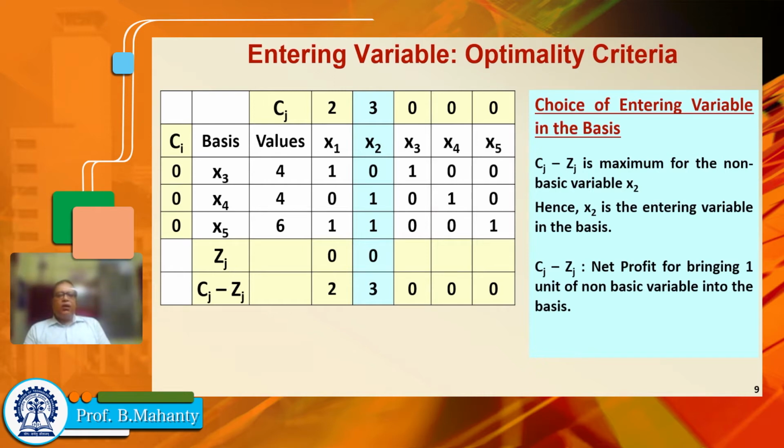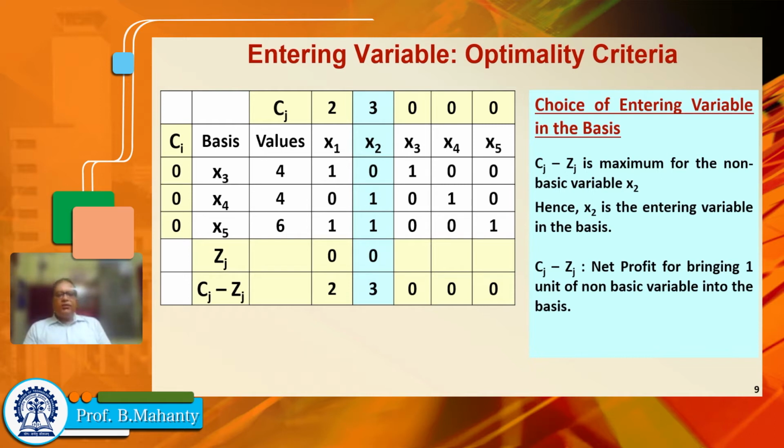Here our choice is made because it is the higher value of Cj minus Zj, and Cj minus Zj value is maximum for the non-basic variable x2. Hence, x2 is the entering variable into the basis. And Cj minus Zj is the net profit for bringing 1 unit of non-basic variable into the basis. So we have x2 now coming into the basis.